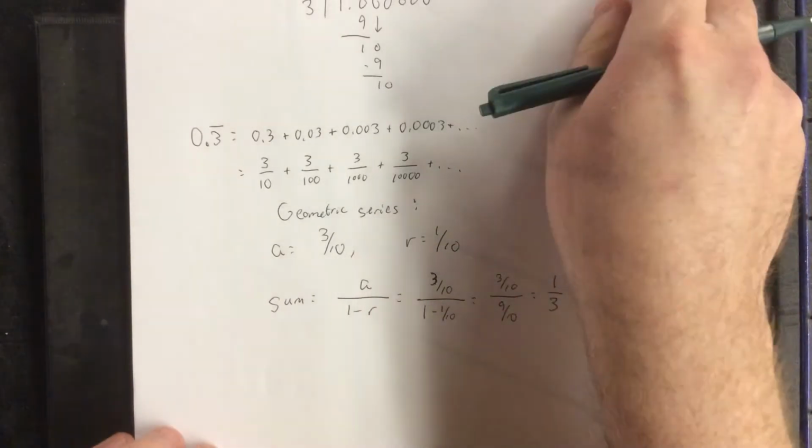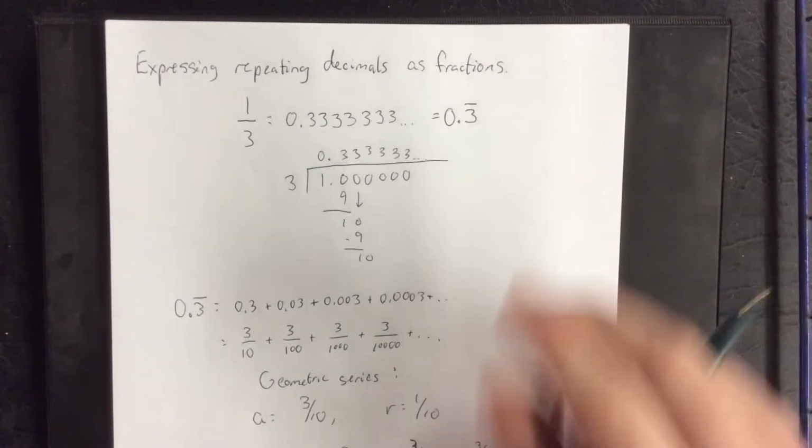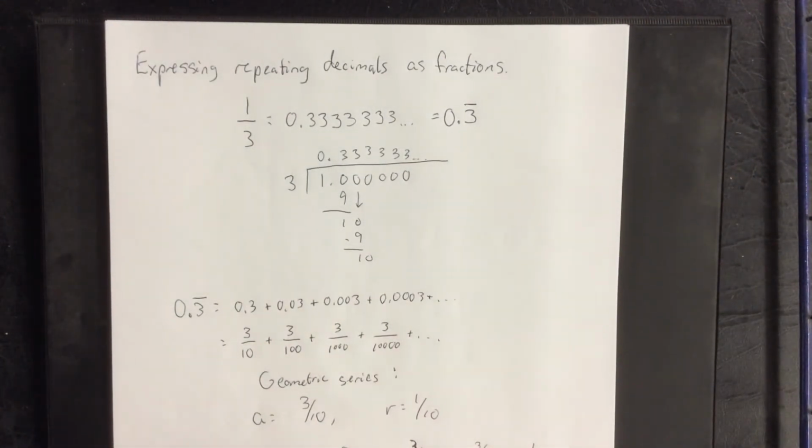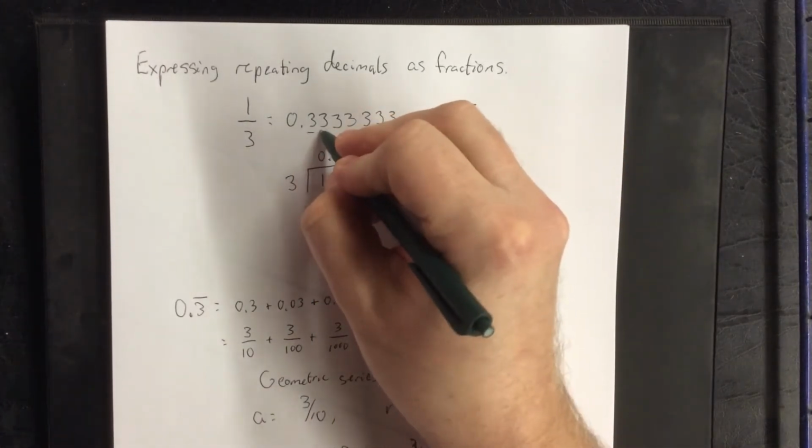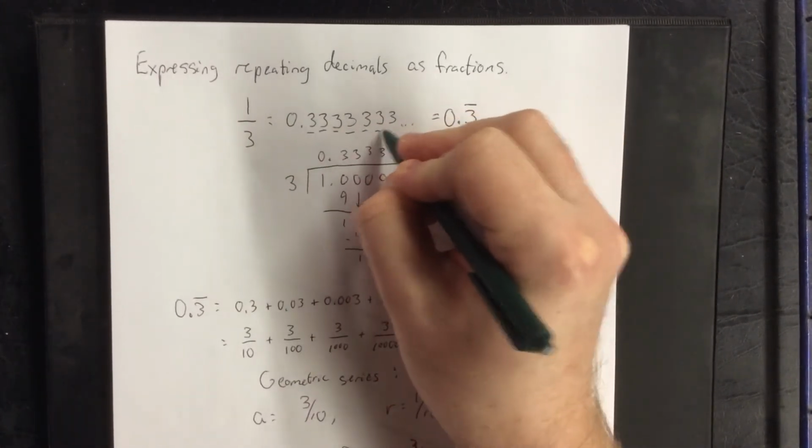Now this repeating decimal is known to have a period of 1 decimal place, because every single place, we see that this digit is repeated.